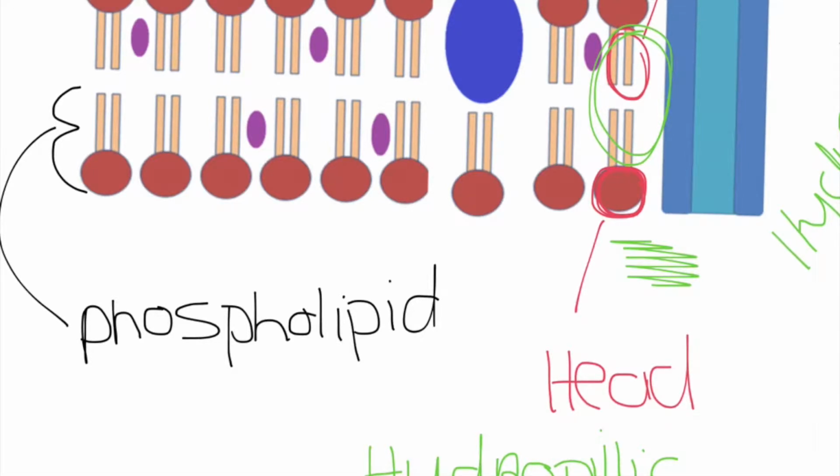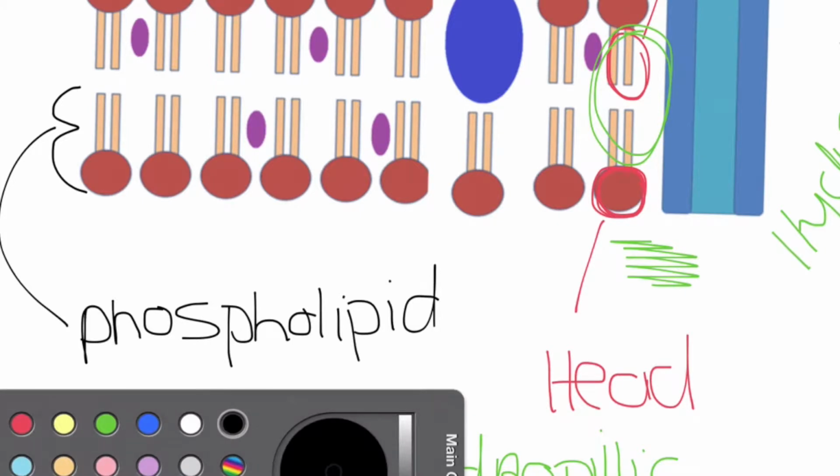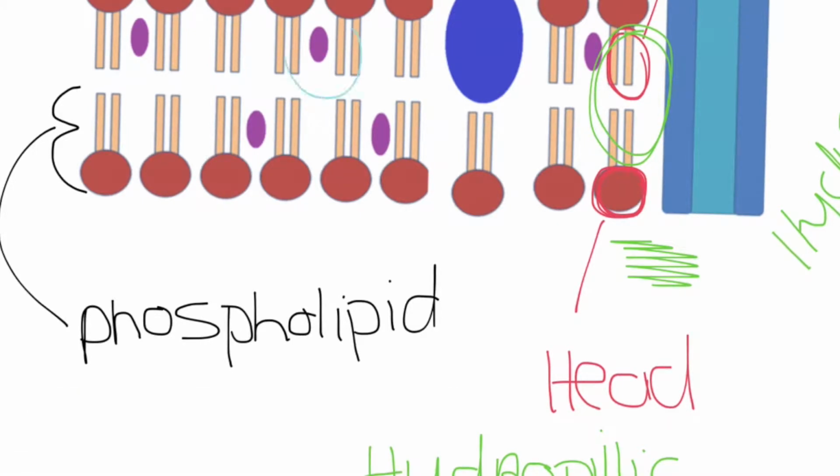All right. The other things that you might include in your labeling is your cholesterol. So that's important in ensuring that there's less rigidity within the cell, so that these tails that are adjacent to each other don't start to bind together and fuse.